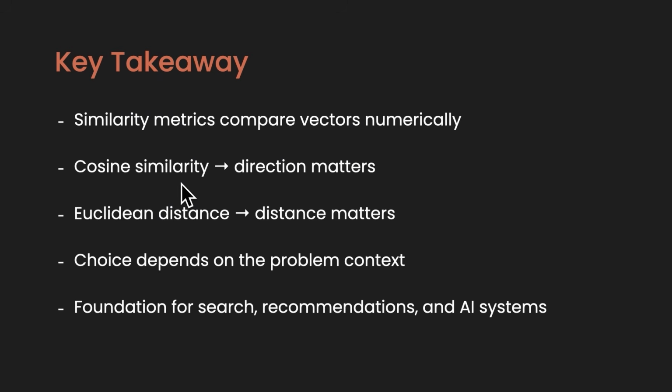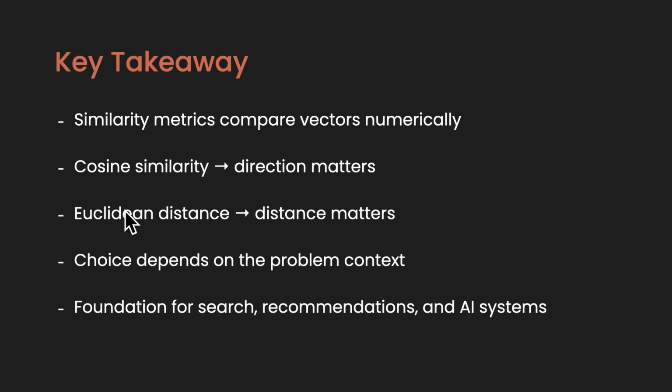It tells us whether two vectors are pointing in the same direction or not. So in cosine similarity, all that matters is direction, whereas Euclidean distance, on the other hand, measures how far apart those two vectors are. So here the magnitude of those two vectors plays a big role, and all that matters here is the actual distance between those two vectors.